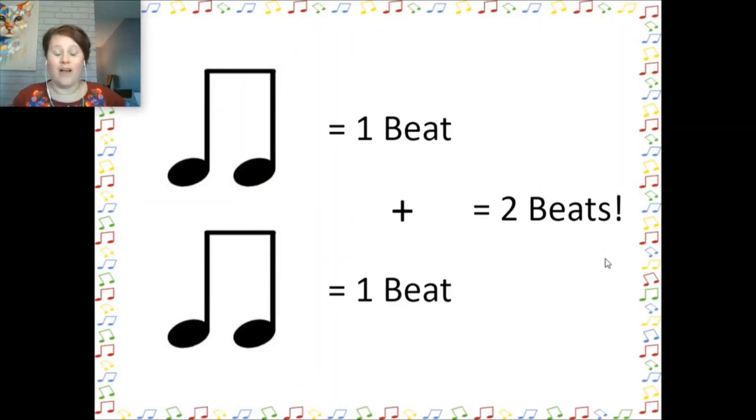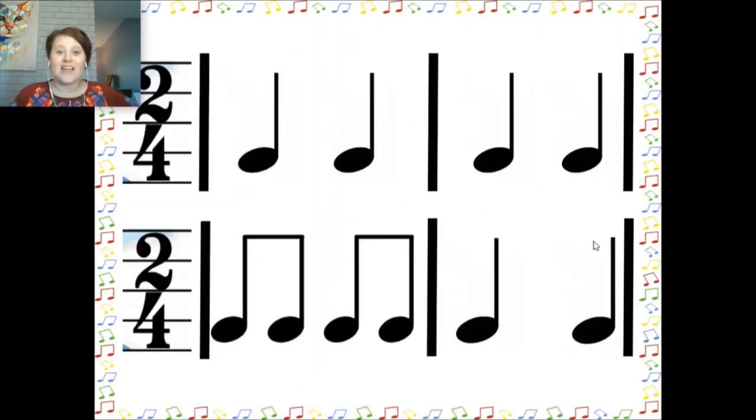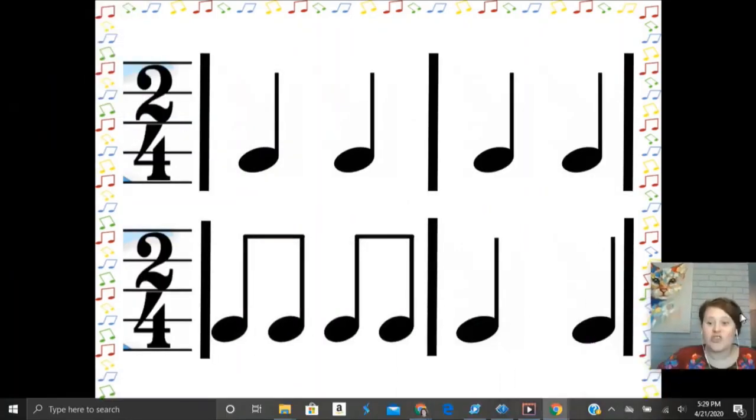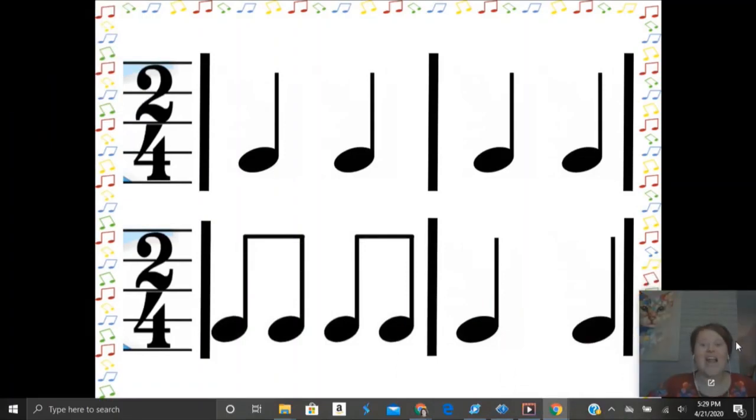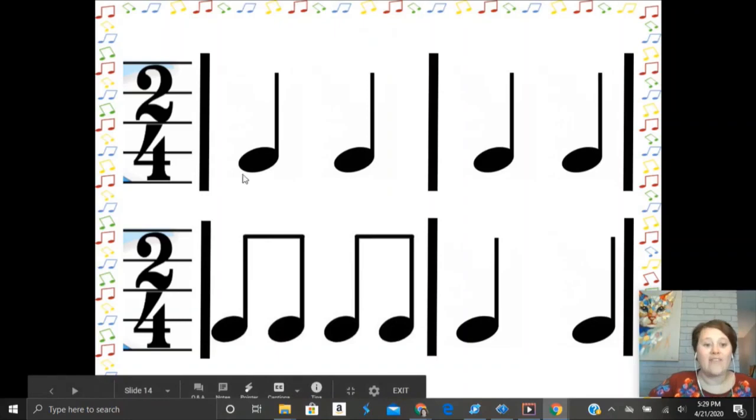Whoa, exciting. So does this fit in our 2-4 meter? Yes, it fits perfectly. We have one beat, one beat, two beats, one beat, one beat, two beats. Two sounds, one beat, two sounds, one beat, two beats. One sound, one beat, one beat, two beats.